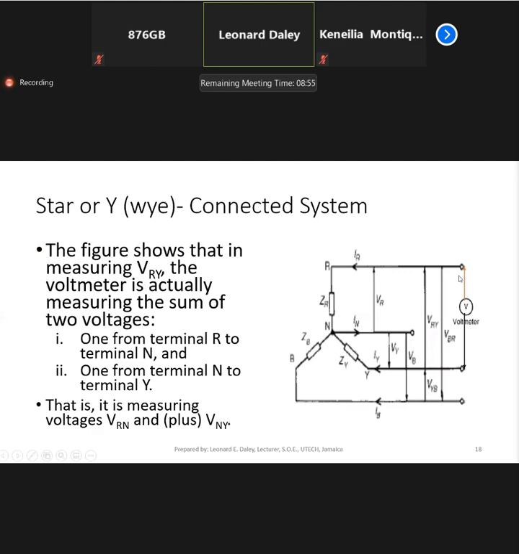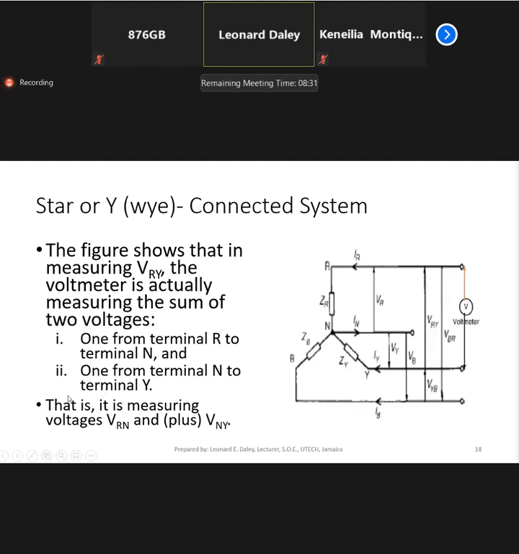If you look at this, you will realize that the voltmeter is actually measuring the sum of two voltages. It is measuring the voltage from R to N, and it's also measuring the voltage from N to Y.